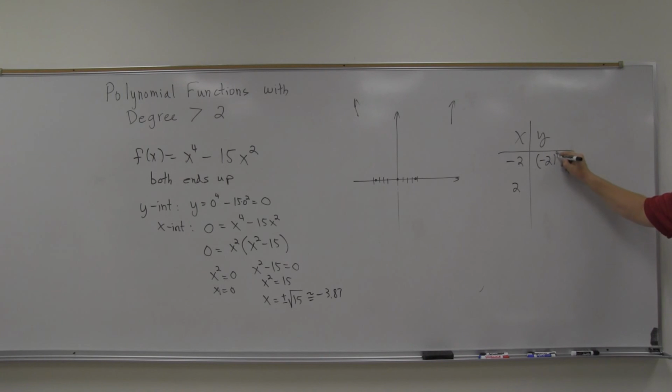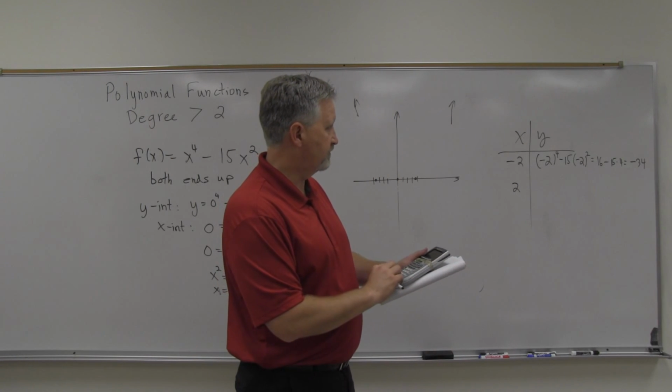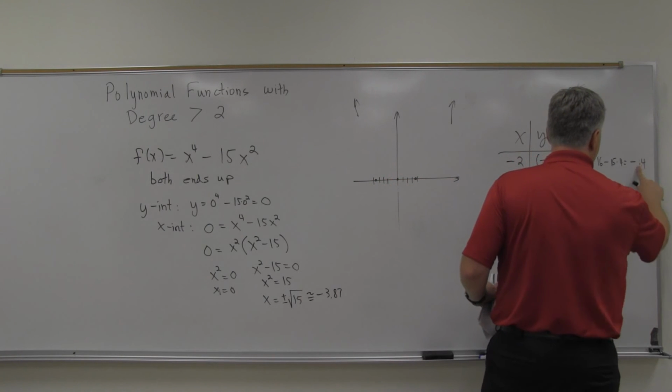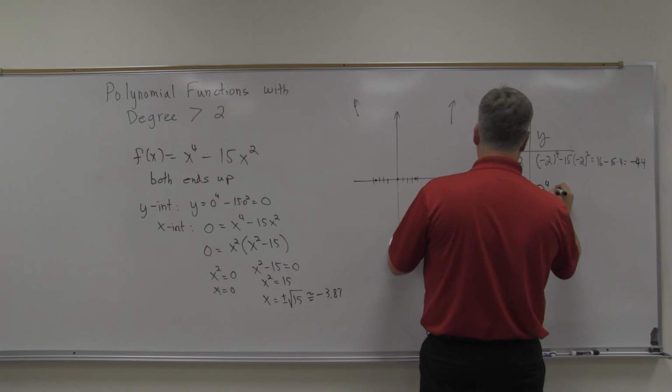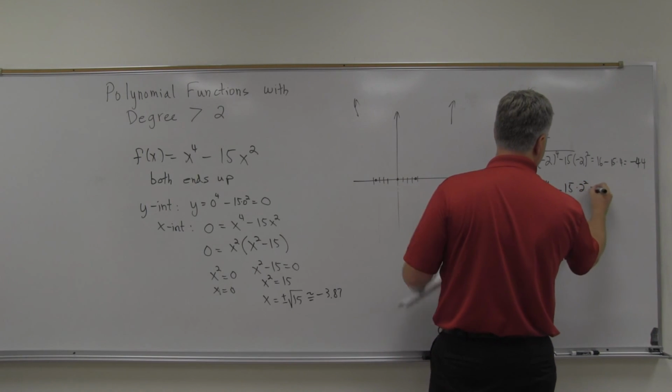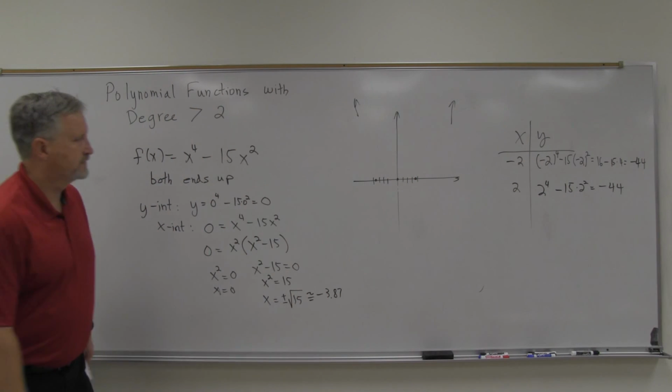Negative 2 to the 4th minus 15 times negative 2 squared. Well, that's 16 minus 15 times 4. Oh, that's a large negative value. Negative 34? Did I do that right? Checking on that. Negative 44, I did. Negative 44. Thank you. Just checking. And then here, 2 to the 4th minus 15 times 2 squared, same thing. Both of them are negative 44.